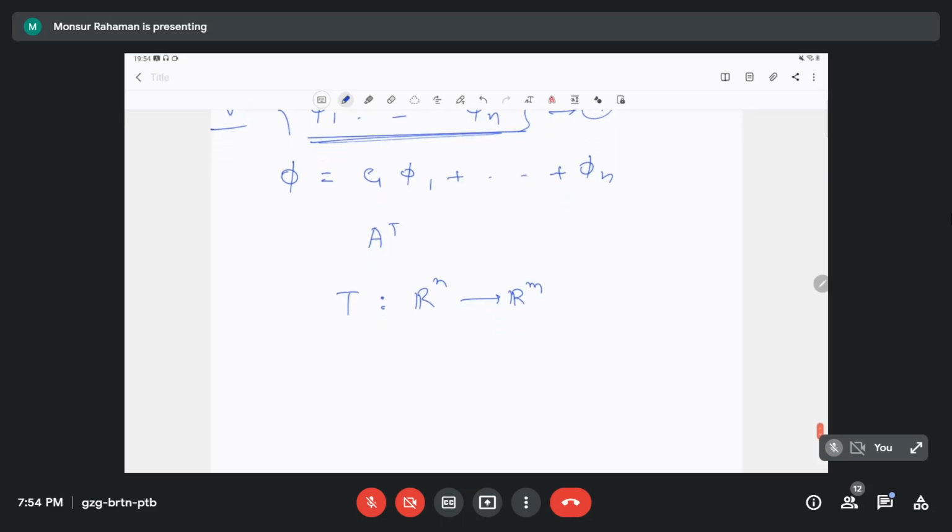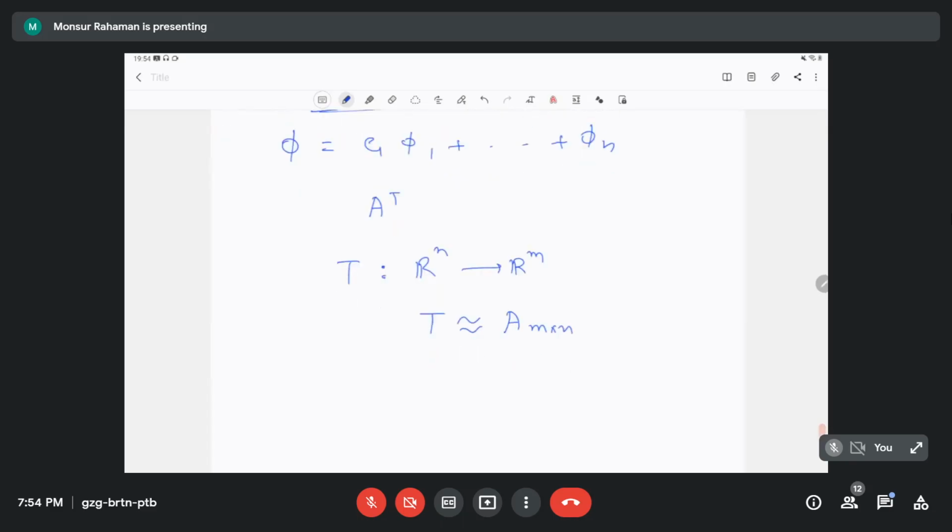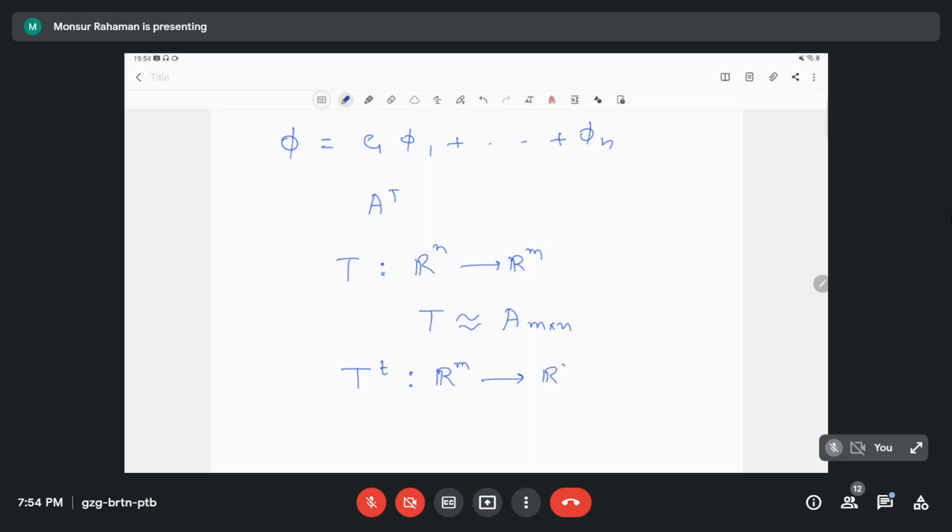So this is equivalent to a matrix M cross N. So if you want to transpose this linear transformation, let's call it small t, let's call it T transpose. So obviously it will be a linear transformation from Rm to Rn. Okay, but it is not inverse function. So just its row will become the column and column will become the row.